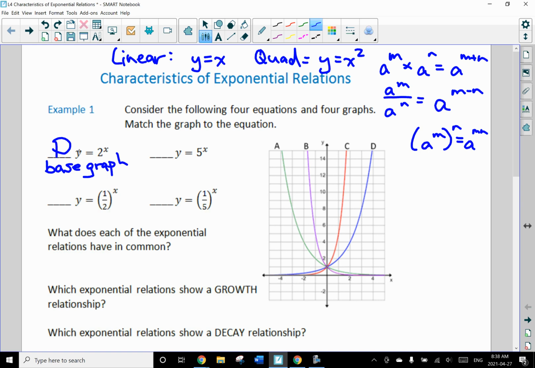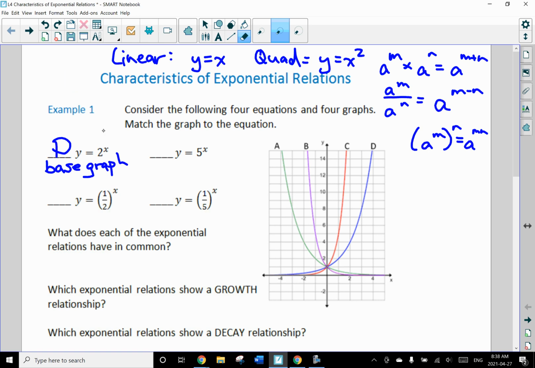If we're doing exponential, our base graph is y equals 2 to the exponent x. The reason it is 2 to the exponent x is because 2 is the smallest number you can be with an exponent. You can't have 1 to the exponent of something because that'll just give you 1. So 2 is the smallest whole number you could put as a base that would actually make some different changes in our graph.